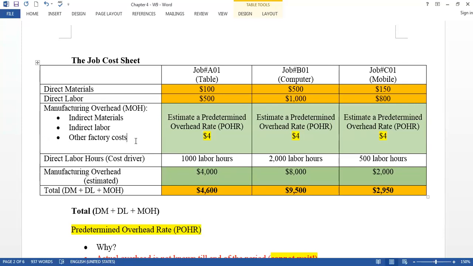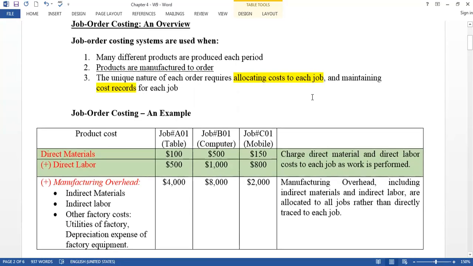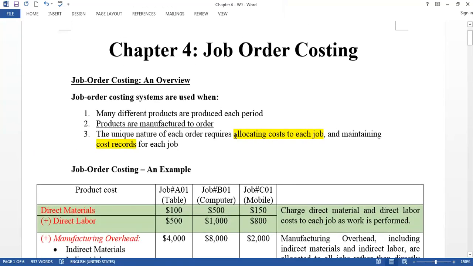For other equipment, the depreciation expense is also exactly 1 year later. So you cannot wait for 1 year. You are the manager, you are producing tables, computers and mobiles, and you have to allocate the cost, right, for each job.